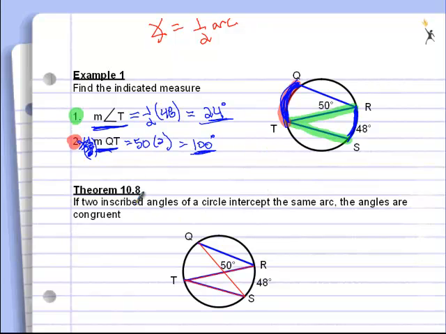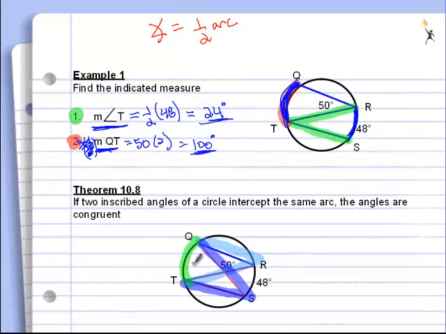Let's look at Theorem 10.8. If two inscribed angles intercept the same arc, the angles are congruent. So, what we're finding out now is that if two different angles, like in this case we have QRT and QST, notice that they both intercept arc QT.